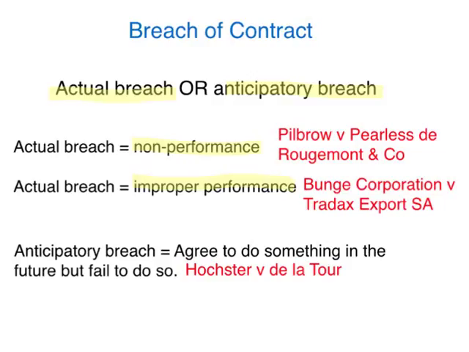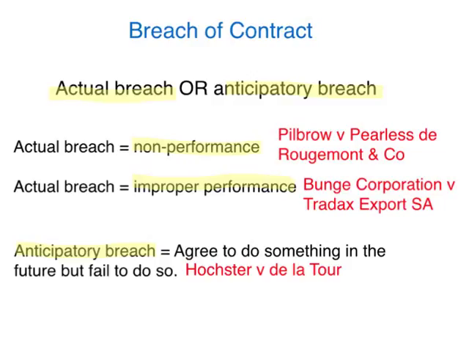And then that second situation that could amount to breach of contract, anticipatory breach. Here it's where in contracts there's an agreement to do something in the future, but they fail to do so. So if we look at the case of Hochster and De La Tour, what we have here is a man who was hired to work as a courier, and the work was due to start 2 months after the contract had been made, but 1 month in, the defendants actually wrote to the man cancelling the contract, saying that it would not be performed, and so therefore this was an anticipatory breach.